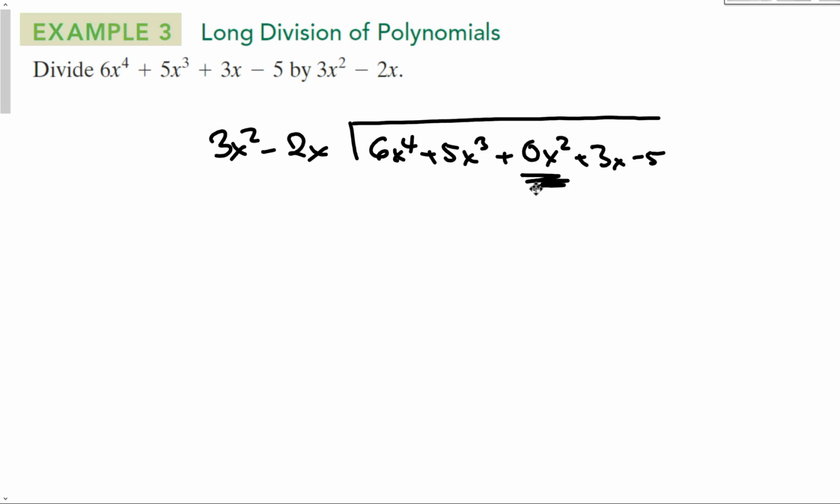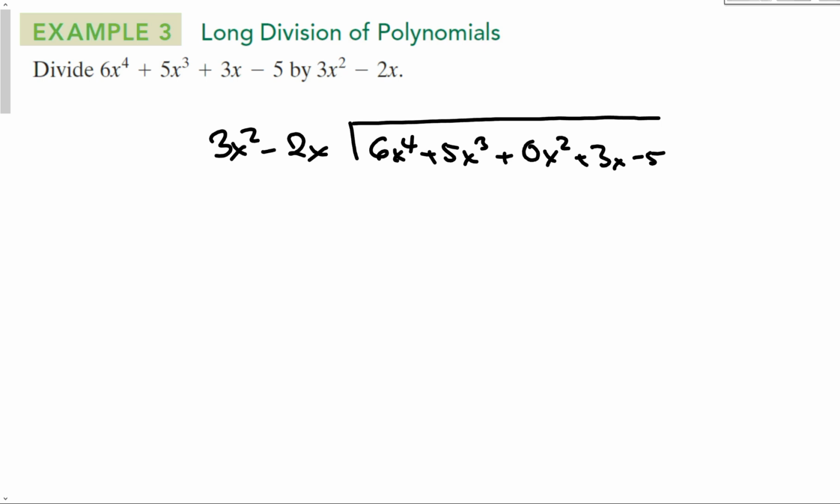By including the 0x squared, we will keep everything aligned. We will make sure that we don't make a mistake, and you'll see why we actually need it. Okay, so the steps are going to be the same. The only thing that's different is our setup here. So divide, multiply, subtract, bring down.